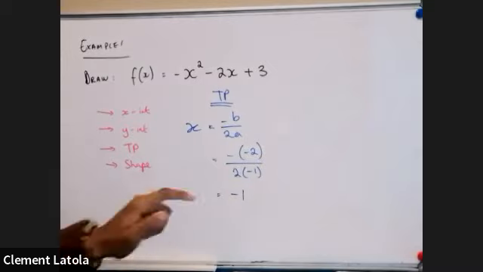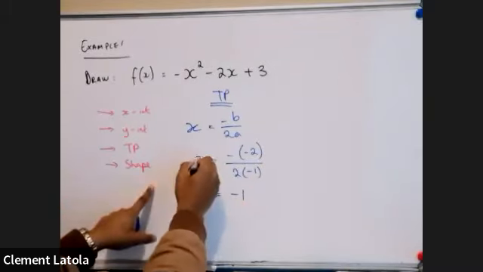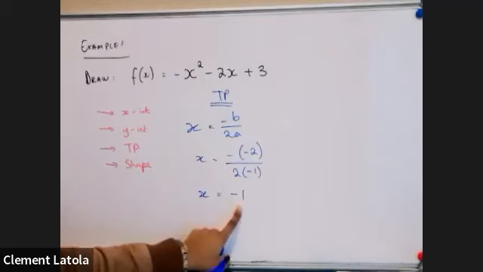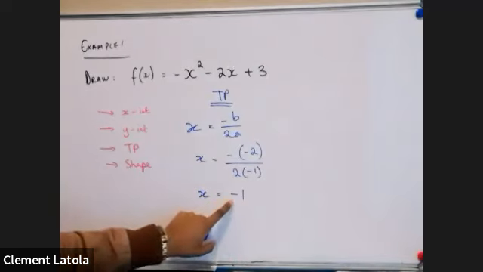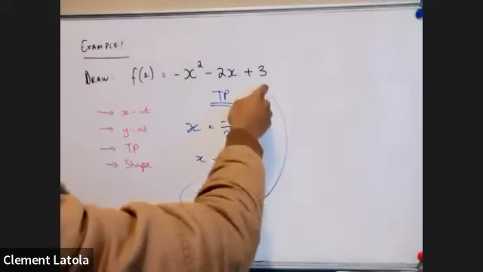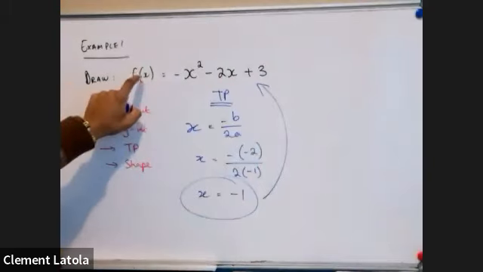So this is telling us what the x value at the turning point is. Okay, I'm only working out the x value. I still now need to work out the y value. Sumila, how do I work out the y value once I already have the x value? So once you plug it into the original formula? That's correct. So you plug it back into this equation because remember, f(x) is y.